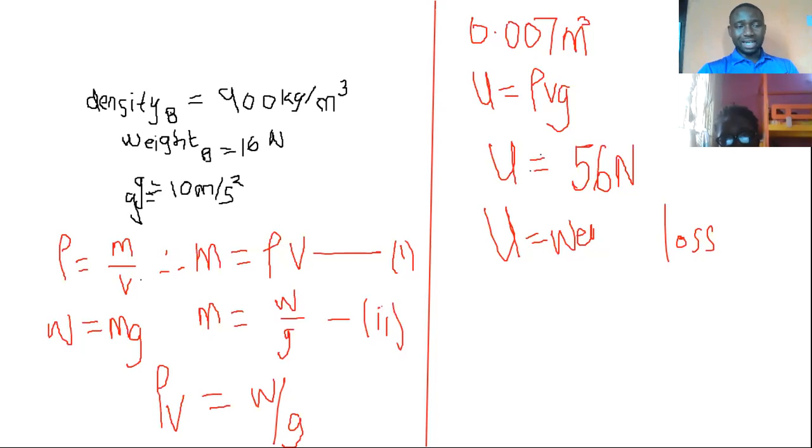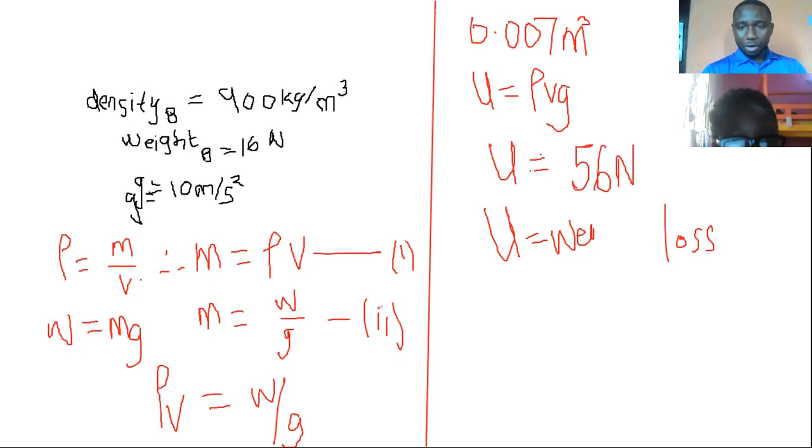Remember what we said about Archimedes' Principle: the weight loss of a body when it is completely or partially immersed in water or in a fluid is equal to the weight of fluid displaced. It has displaced 56 Newton, which is the upthrust, and it weighed 60 when it was not in the paraffin.